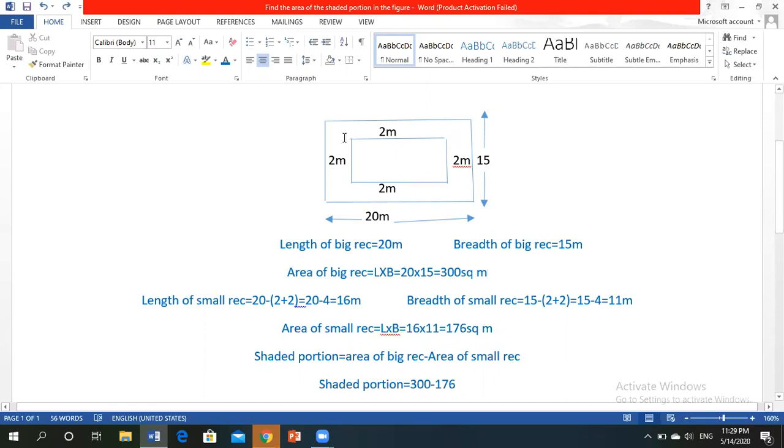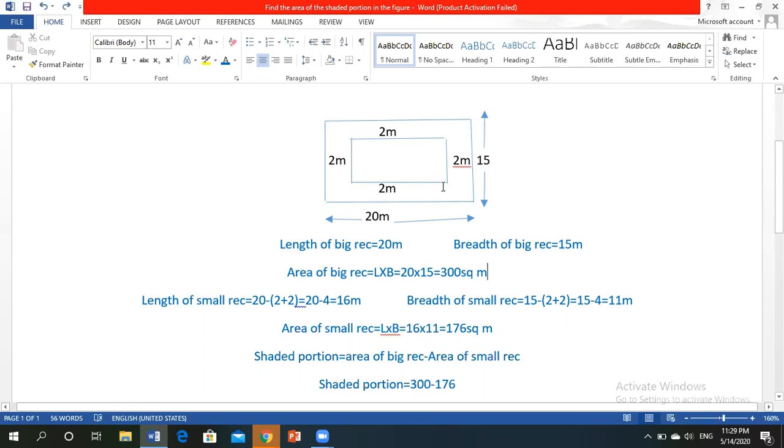We will add the length from one side and from the other side, and then we will subtract it from the length of the big rectangle. That's how we can find the length of the small rectangle.